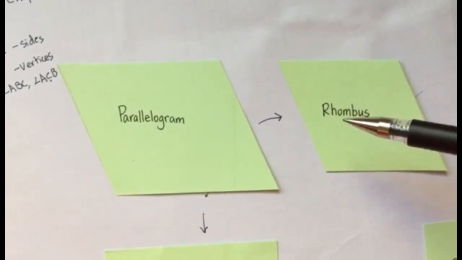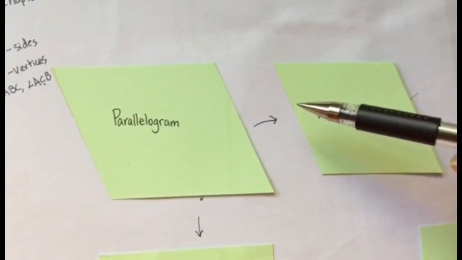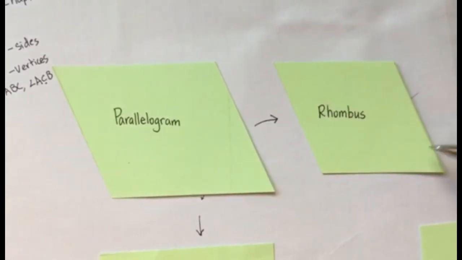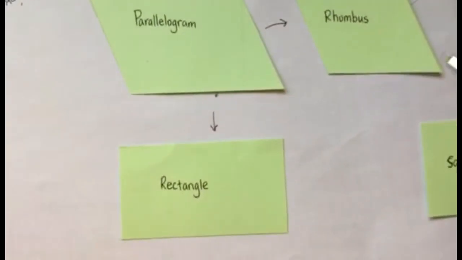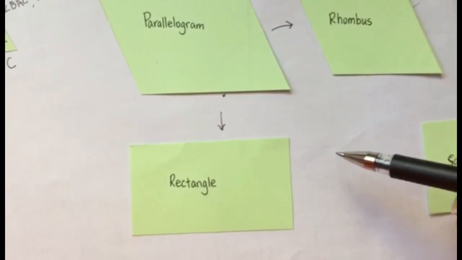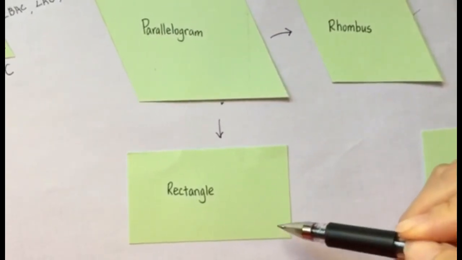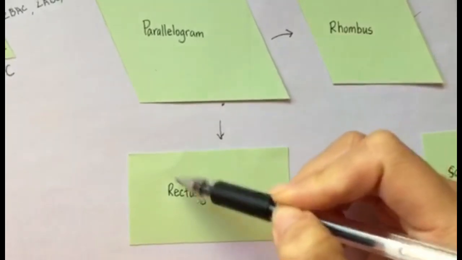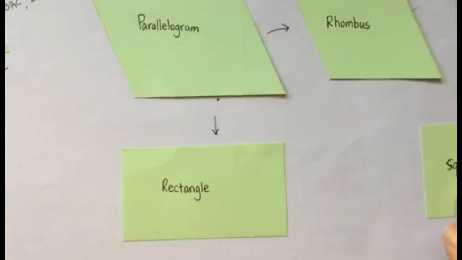It's still a parallelogram, except that its four sides are equal. And the rectangle is a special type of parallelogram with the four angles being right angles.